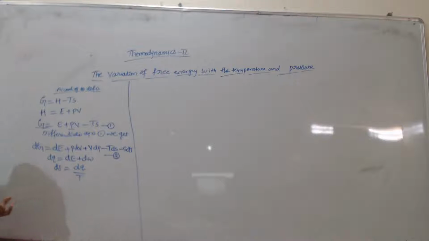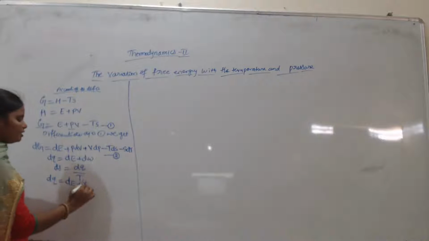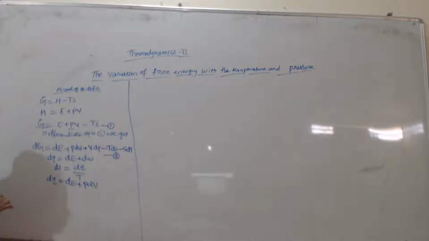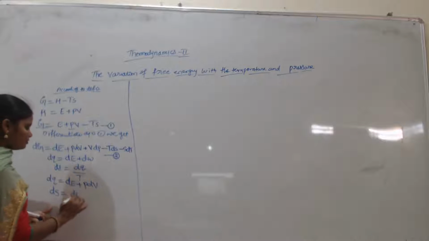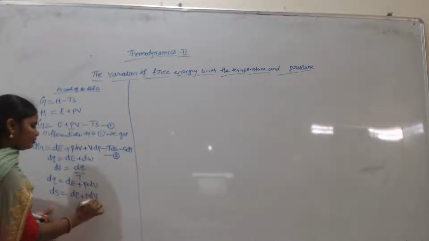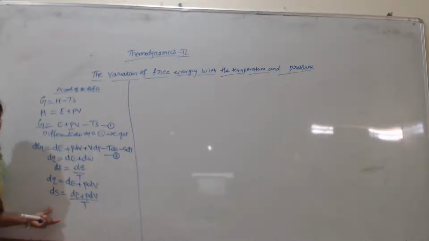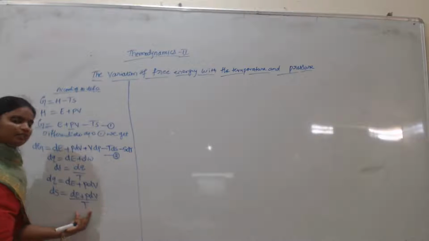If the work done is only the work of expansion, then dq is equal to dE plus P dV, and dS is equal to dE plus P dV divided by temperature T.